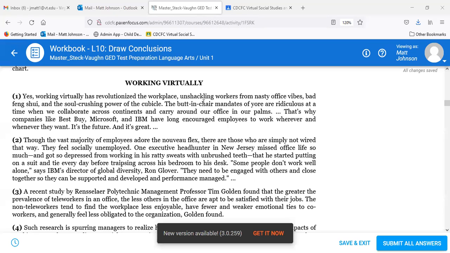Some people don't work well alone, says IBM's Director of Global Diversity, Ron Glover. They need to be engaged with others and close together so they can be supported and developed and performance managed.